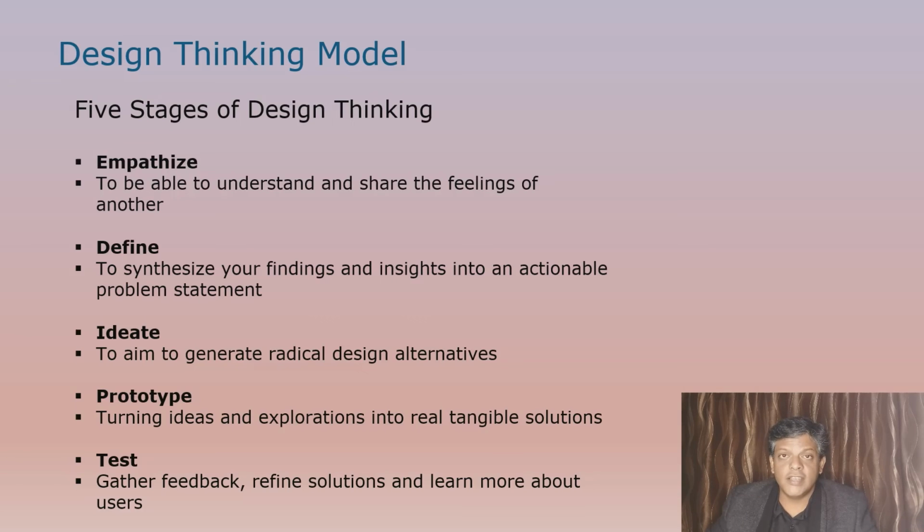The third stage is ideate, which aims to generate radical design alternatives. Because mind you, every problem has more than one solution, and it is always good to explore all the possible and feasible alternatives to any problem. The fourth stage is prototype, which is about turning ideas and explorations into real, tangible solutions.